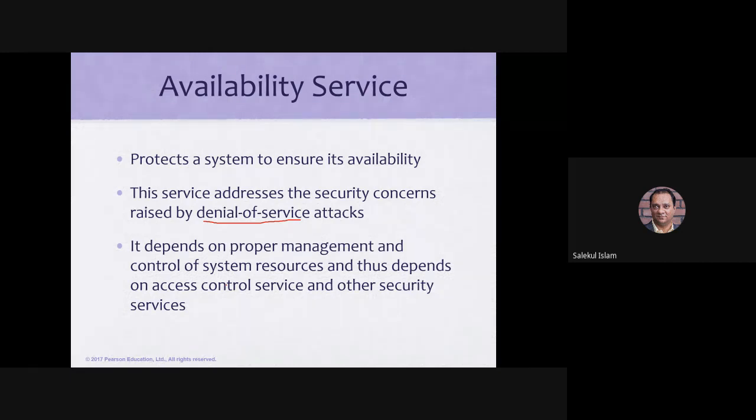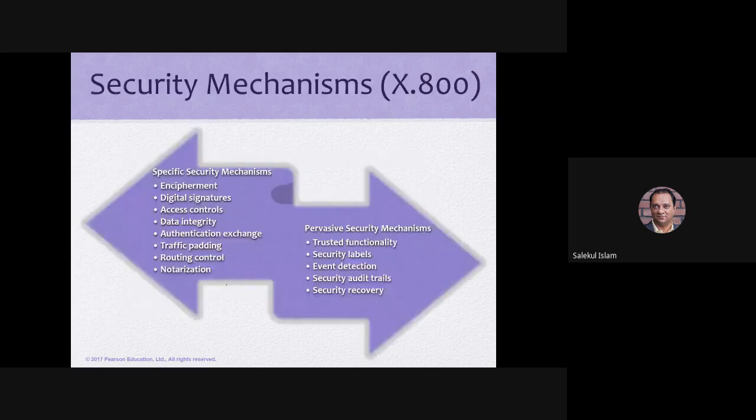So if your access control is not properly in place, then some attacker can gain access to your system, and that attacker can then create a denial of service attack. That's why they are said to be related: access control, denial of service, and availability of services.